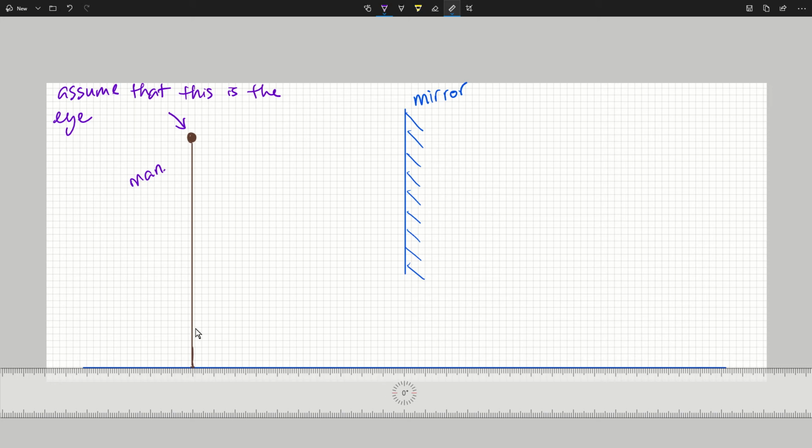So the man himself is about 1, 2, 3, 4, 5, 6, 7, 8, 9, 10 intervals away from the mirror. So I'm going to count the same in the other direction to determine the location of the image of the man. That'll be 1, 2, 3, 4, 5, 6, 7, 8, 9, 10. So he'll be here.